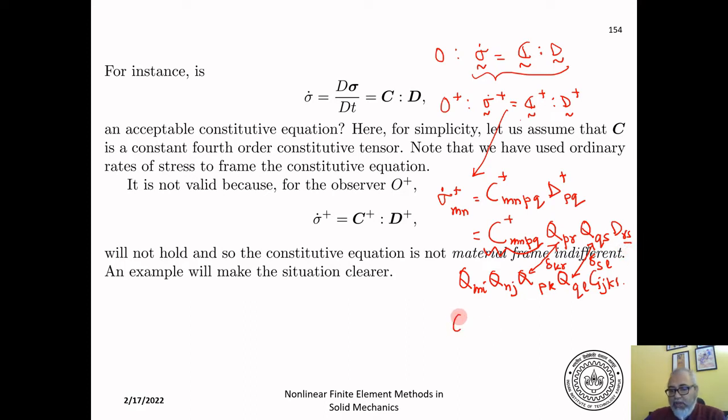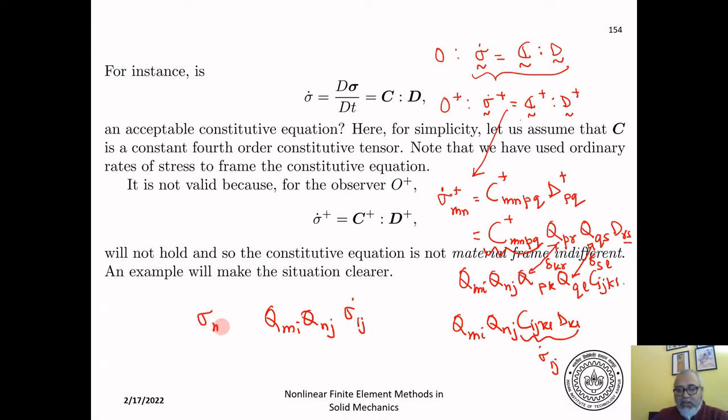So what you have is Q mi Q nj C ijkl d kl, which we know from this constitutive equation is sigma ij dot. So this quantity, Q mi Q nj sigma ij dot, has to be your sigma mn dot plus, but it is not.